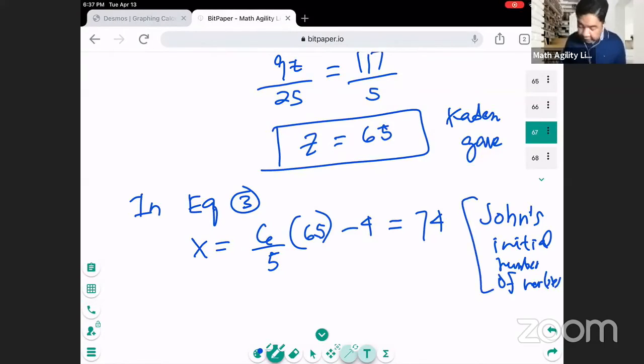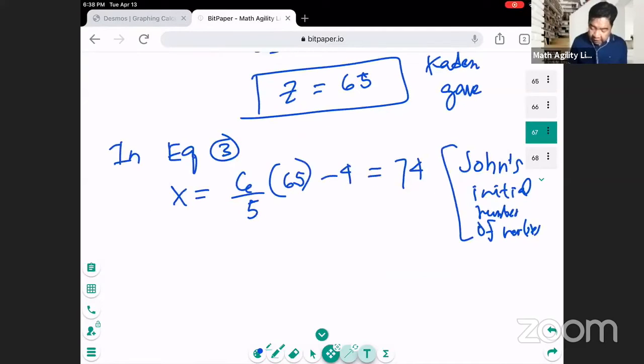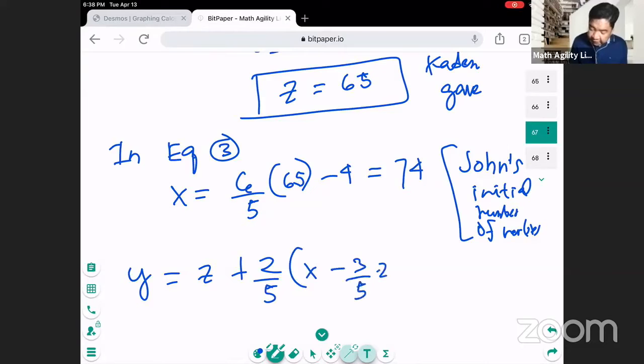Okay, so now let's solve for y, which is actually what we need to find, the number of Caden's marbles originally, right? So let's substitute: y equals z plus 2/5 of x minus 3/5 of z, right? So we know z and x. x is 74 and z is 65.